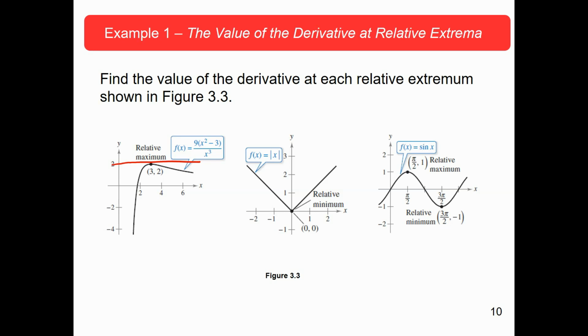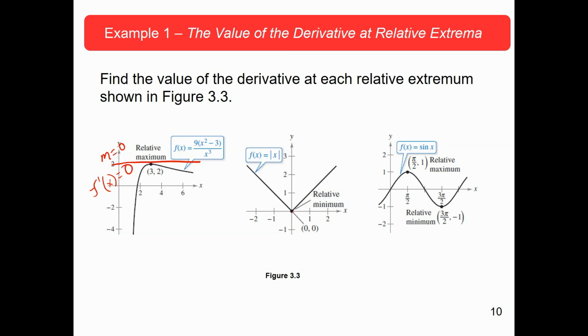But the horizontal tangent line means that it has a slope of 0. But the slope of the tangent line is the derivative. So the derivative equals 0. So right away we know that the derivative is 0 anywhere where there's a relative maximum or relative minimum that is at a gentle curved peak or valley.